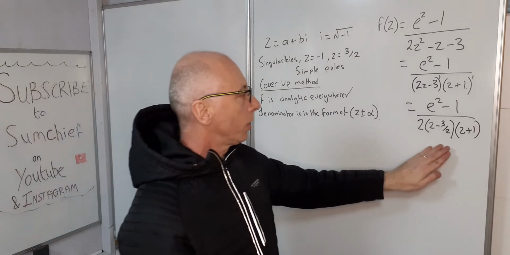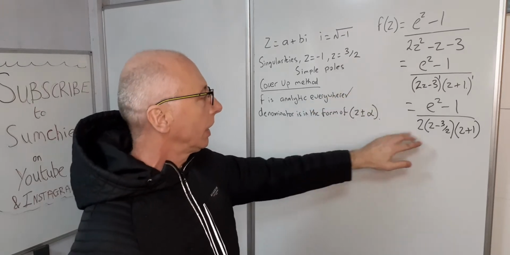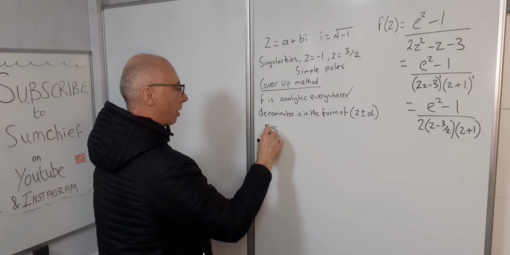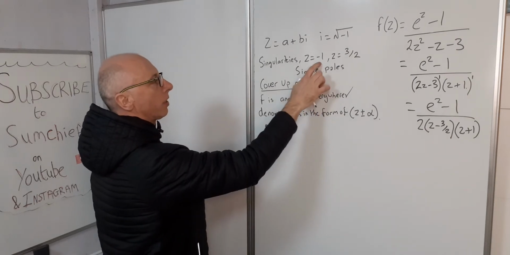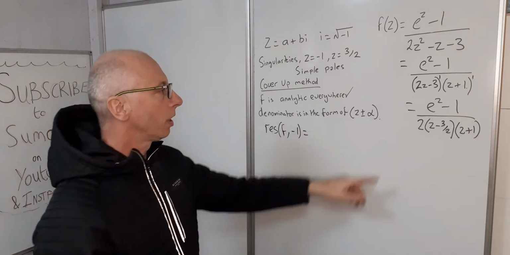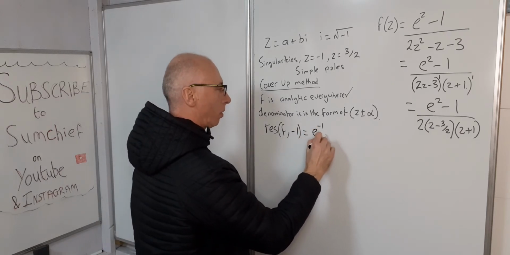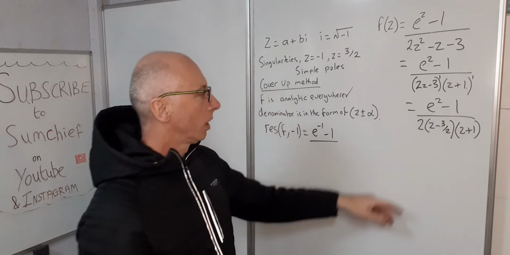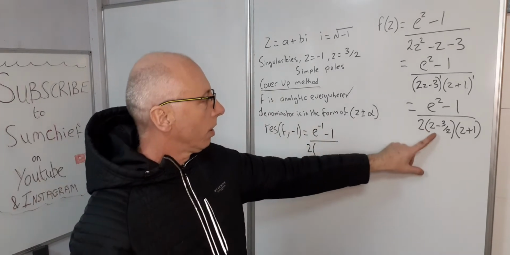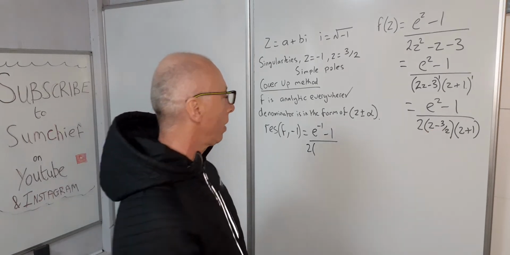Okay, so now all we have to do is make each one the cover-up, plug in the values of each of our singularities, and away we go. So the residue of f, let's do minus 1 first. That equals, plug in minus 1 for all these values: e to the minus 1 minus 1. 2 stays, obviously. z is minus 1, so minus 1 minus 3 over 2 is minus 5 over 2.